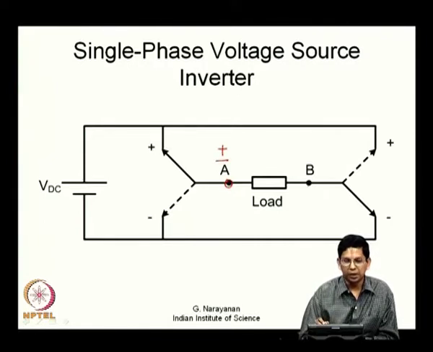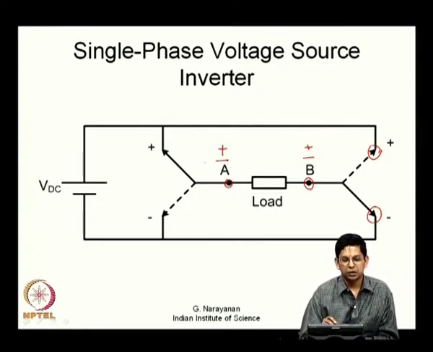Similarly, you have B, which is another single pole double throw switch. The pole of that switch is connected to the other load terminal B, and the two throws are connected across the DC supply. So, B can also be positive or negative. It can be connected to either the positive bus or the negative bus, and so you have all these combinations.